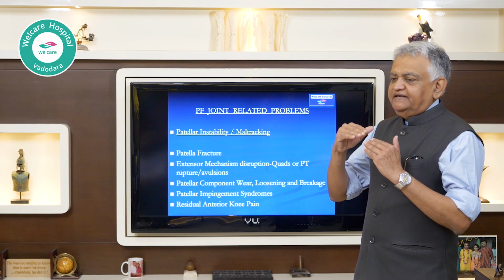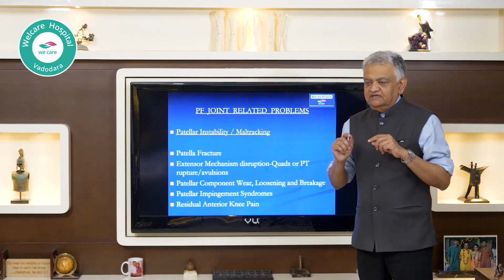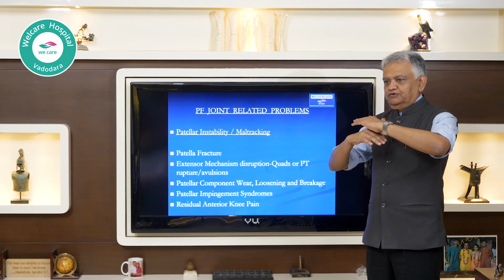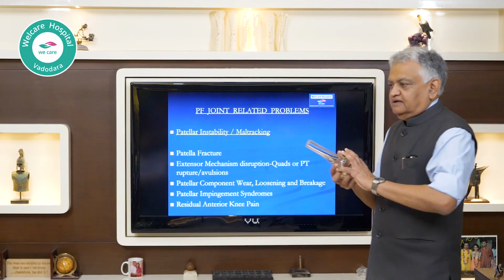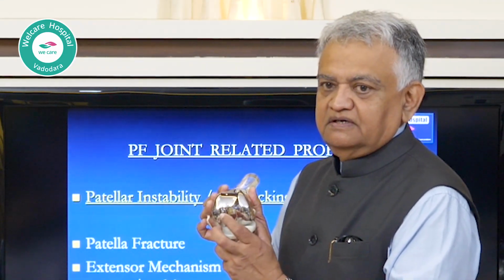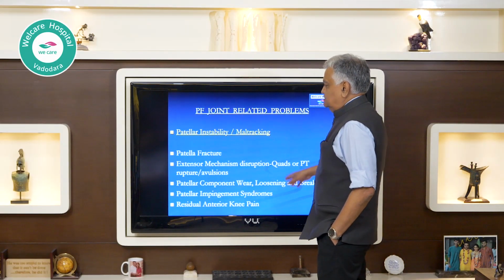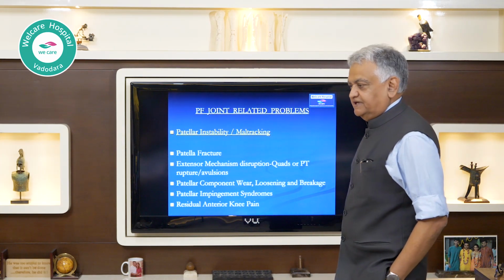The patella getting caught, and I think we did this discussion yesterday as part of the implant design discussions, how, for example, a PFC Sigma has a large box, and therefore during the excursion of the patella, the patella can have impingement on this side. And residual anterior knee pain syndrome. Okay, so this is the group of problems and presentations that can happen. Next, please.